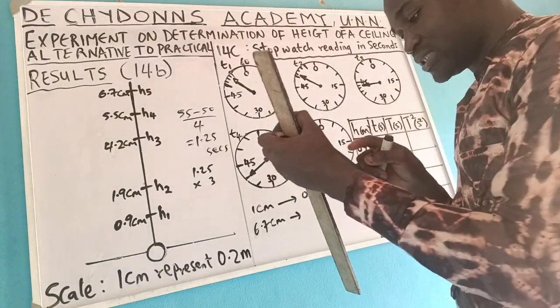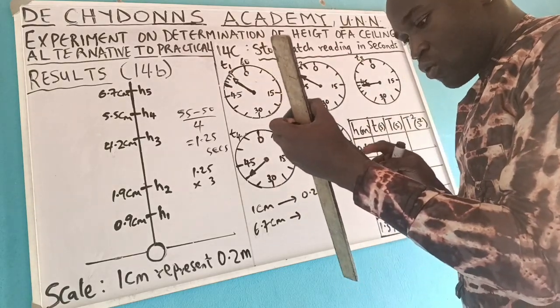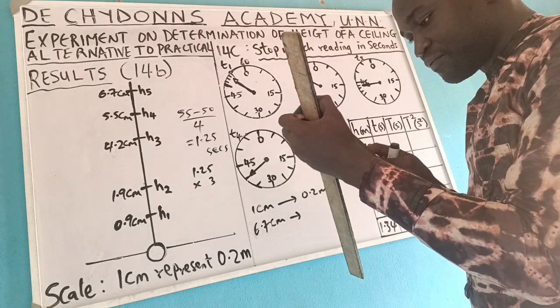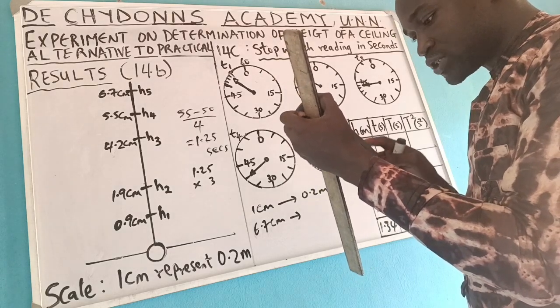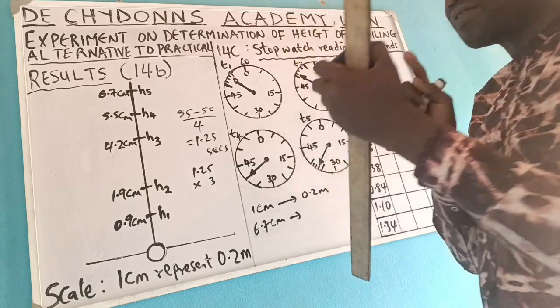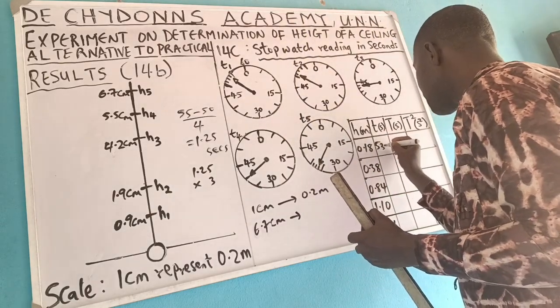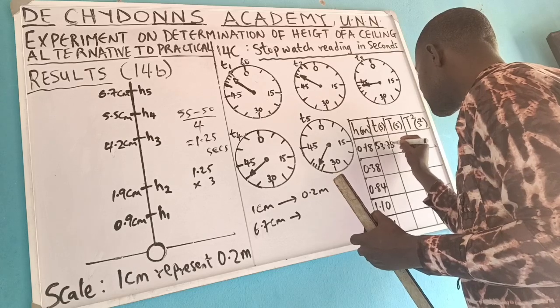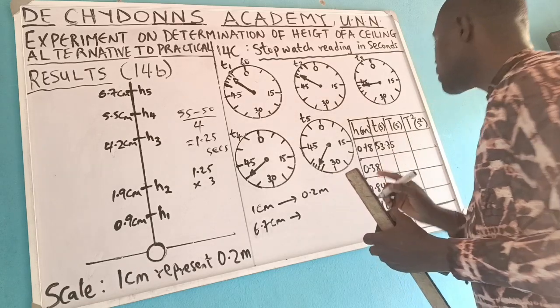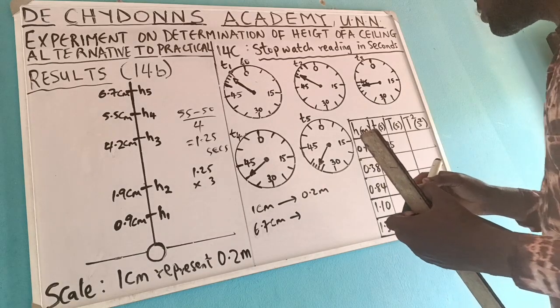We write 1.25 times 3 plus 50. That is 53.75. So that is your first T.